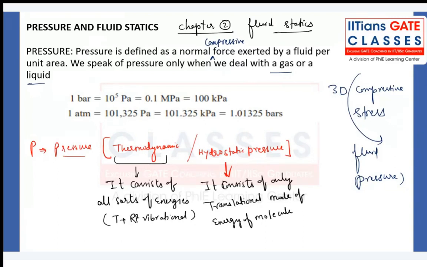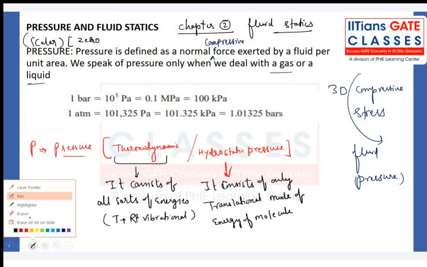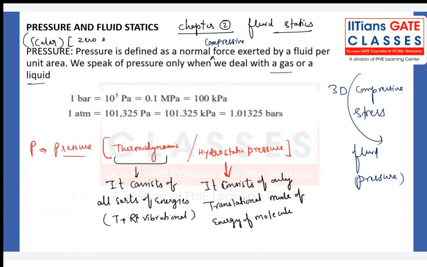Correct. Pressure is a scalar quantity, right? Pressure is a scalar quantity. We also call it zero order tensor. And the stress we call second order tensor. We don't talk about the pressure in case of solids. We say stress.